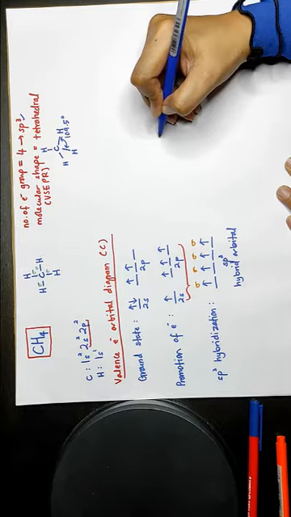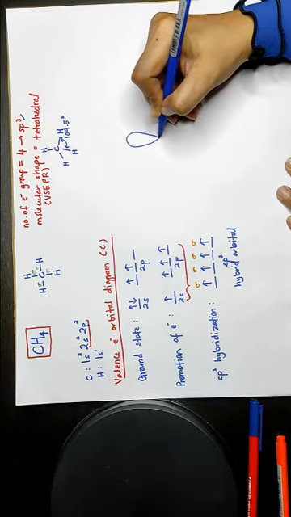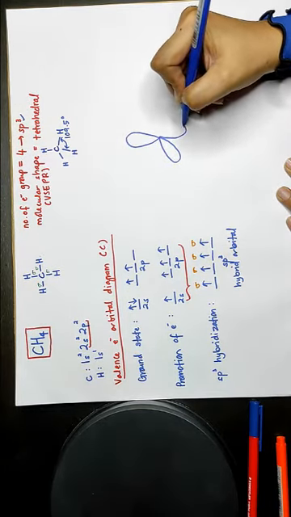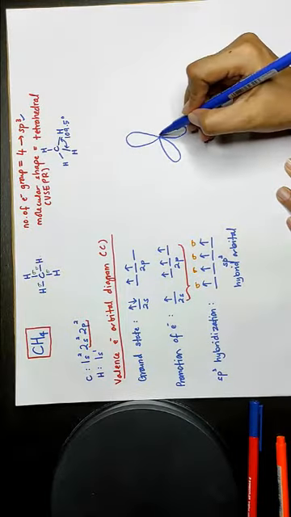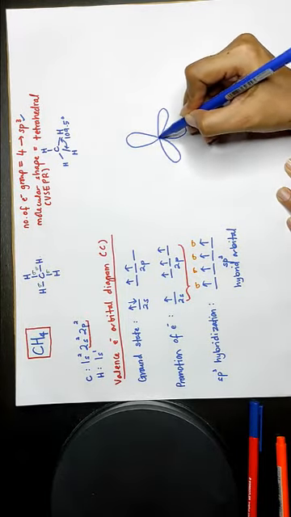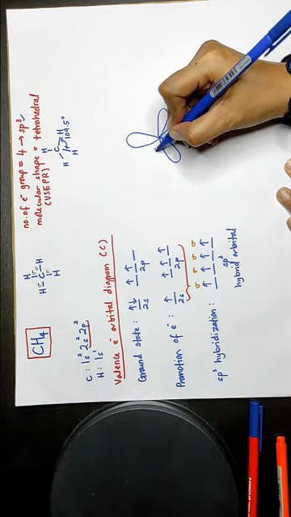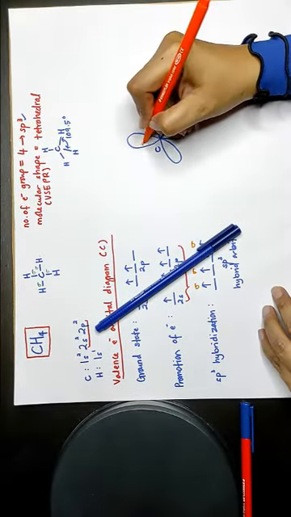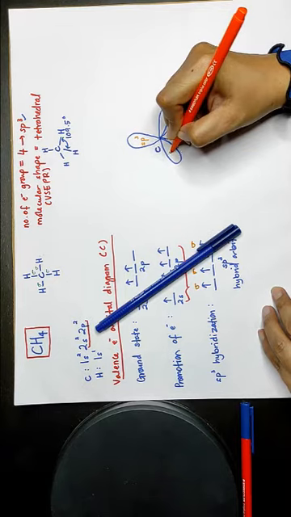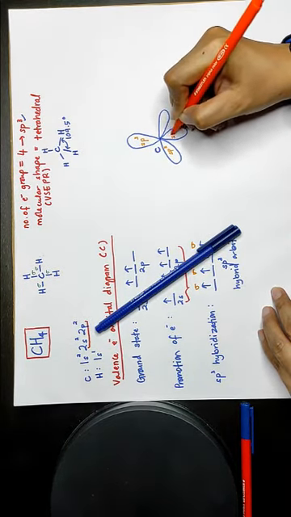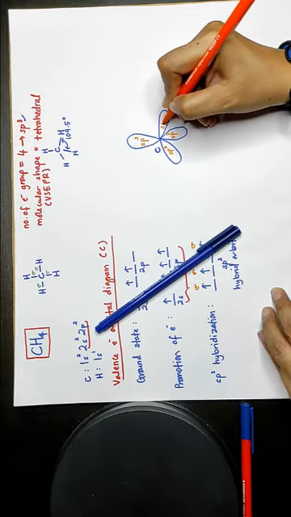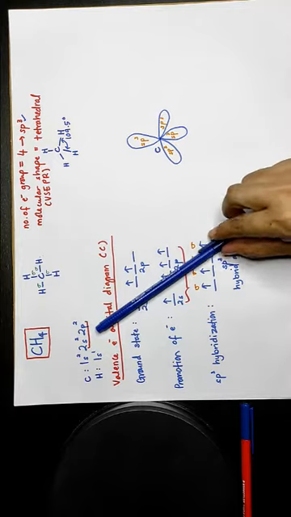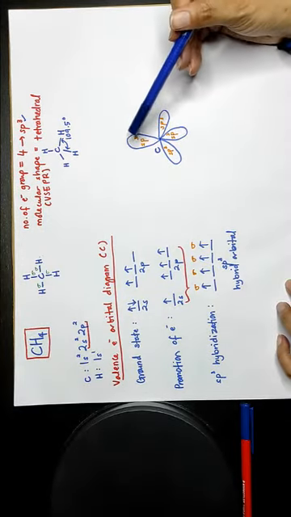Okay. One, 2, 3, and 4. So this is the hybrid orbital of carbon, which is sp3, sp3, sp3, sp3. So there are 4 hybrid orbitals of carbon, namely sp3.